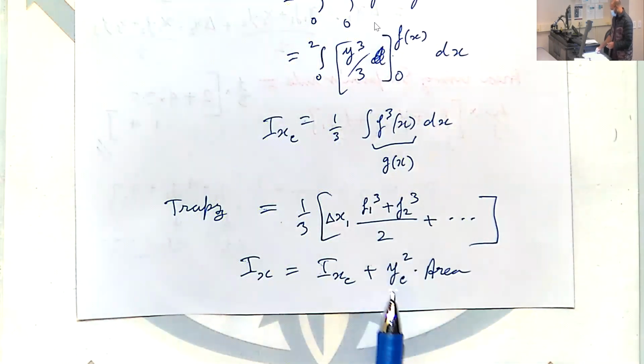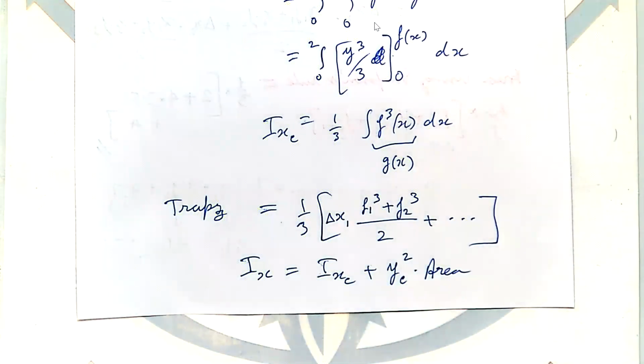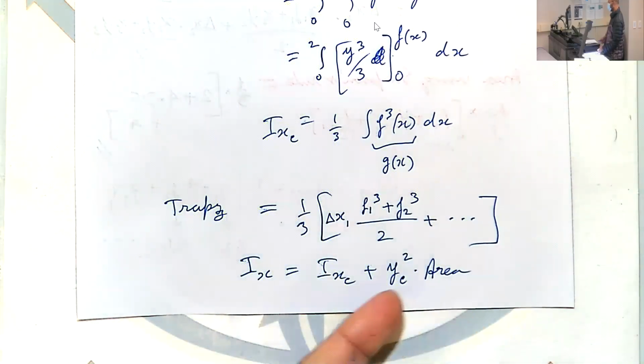This is your H squared, the distance from the rotation axis of the centroid. There's no integration here. You have the numbers for all of them.